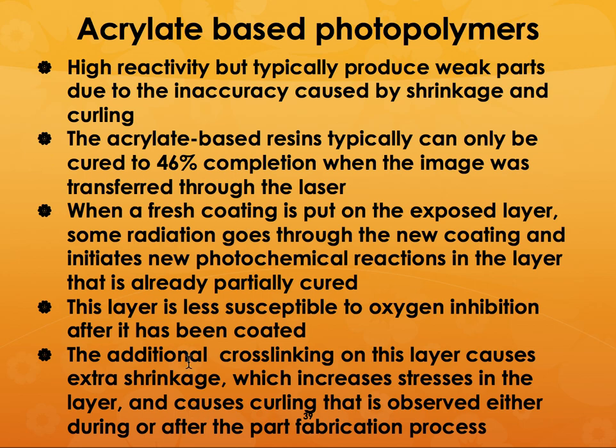I'm sorry, there is a lot of write-up here, but essentially these acrylate-based photopolymers are highly reactive, but they can produce weak parts, and what you will find is that they complete only 46% when the image has been transferred through the laser.